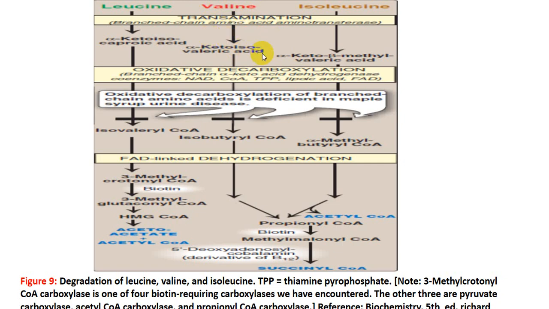Then the alpha-keto acid undergoes oxidative decarboxylation, removal of the carboxyl group from the alpha-keto acid, to form a coenzyme A derivative, and then dehydrogenation to form different end products: acetyl coenzyme A, succinyl coenzyme A, acetoacetate, and acetyl coenzyme A. In contrast to other amino acids, these branched-chain amino acids are metabolized by peripheral tissue like muscle rather than liver.